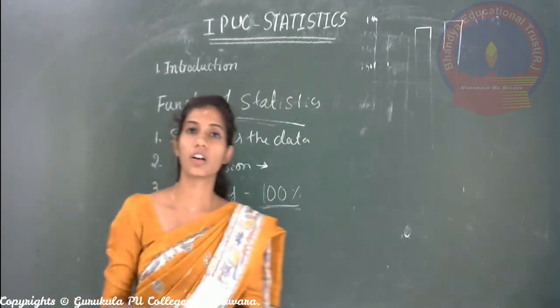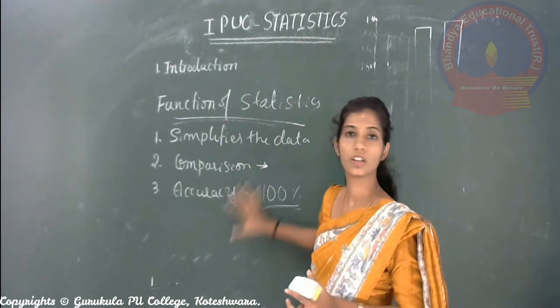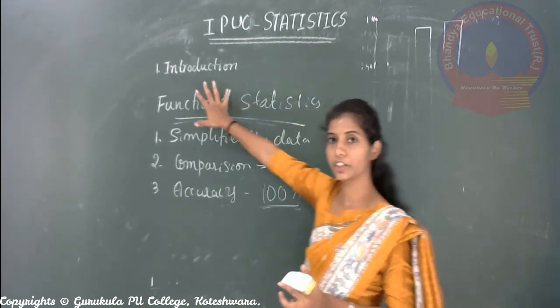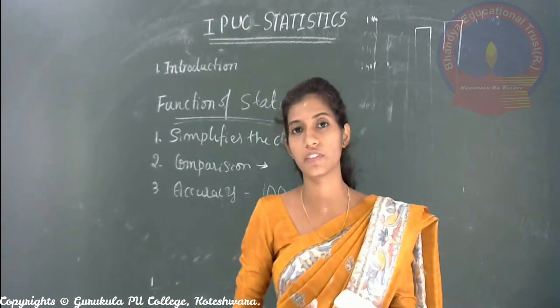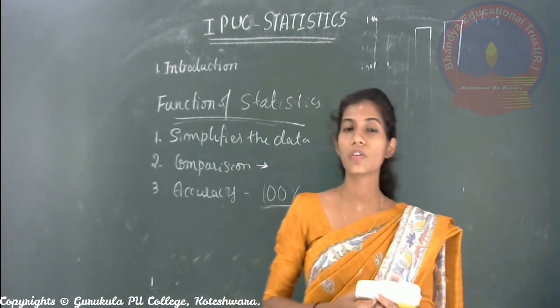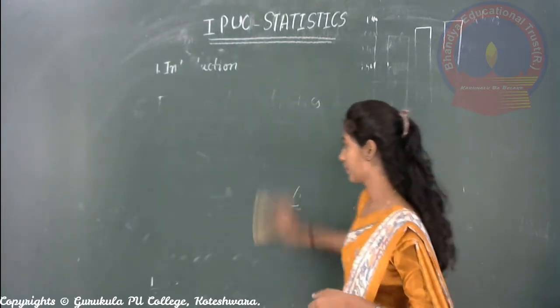Before going to the definition of statistics, we have talked about the introduction and basic concepts, what all we use it for and how we use it. Now let us move on to the definition of statistics.